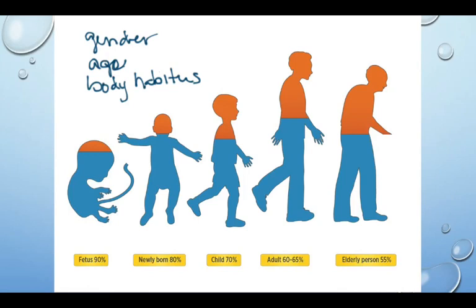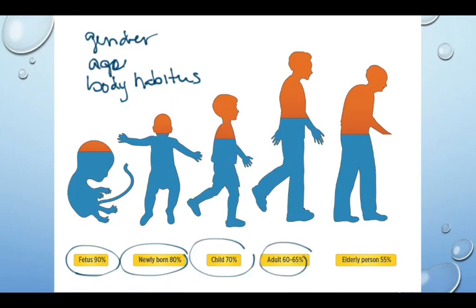Okay, so gender, age, and body habitus determine the percent of body water. Okay, so if you look down here at the bottom, you can see that children have a high percent of body water, and then this is based on an average adult, not fat, not thin, is about 60 to 65% body water, and then an elderly person is 55%.